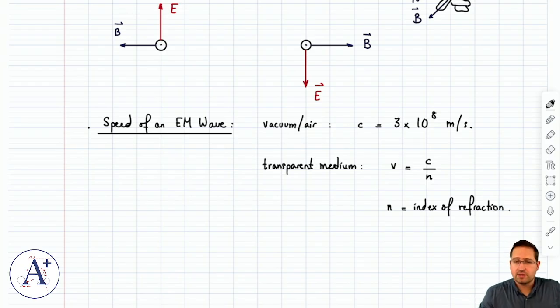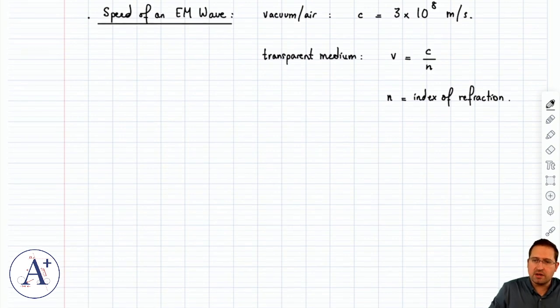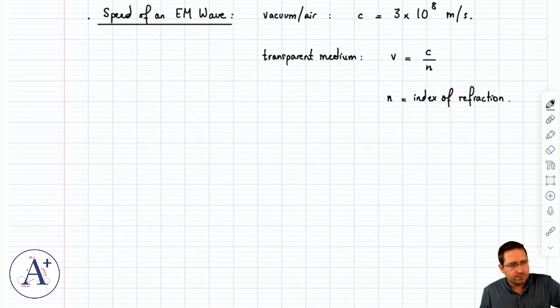Now, it tends to be the case that we never worry about this kind of scenario until we reach optics, so we only focus on EM waves traveling through air or vacuum in this chapter, and then when we get to optics, we're like, okay, let's talk about the index of refraction because I need it for Snell's law, and then how does that affect the speed of the wave if it propagates through a transparent medium. Okay.